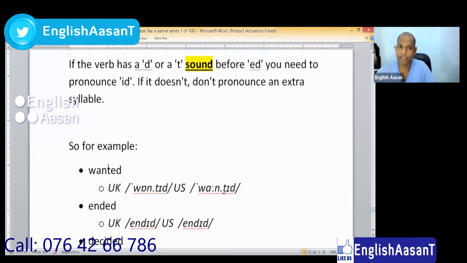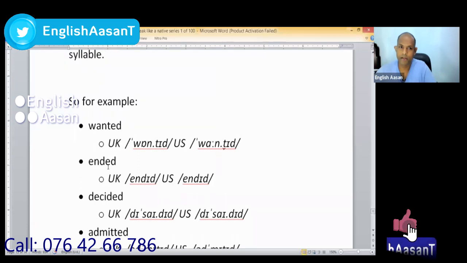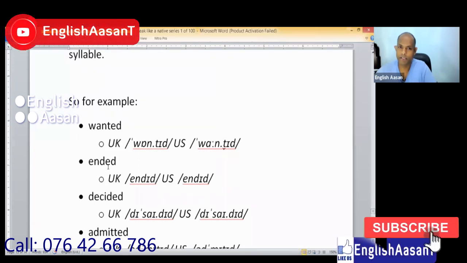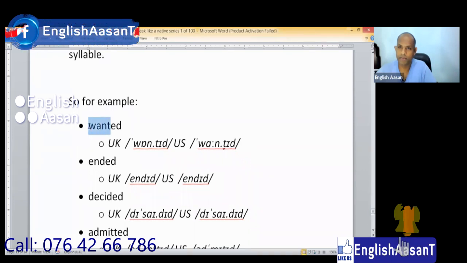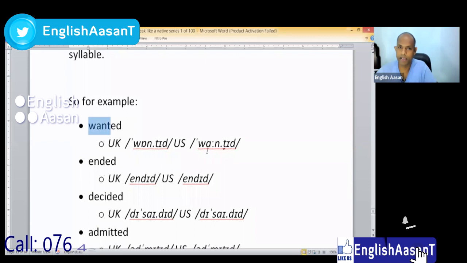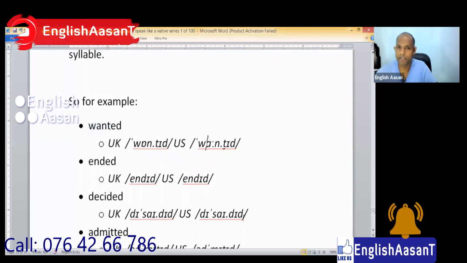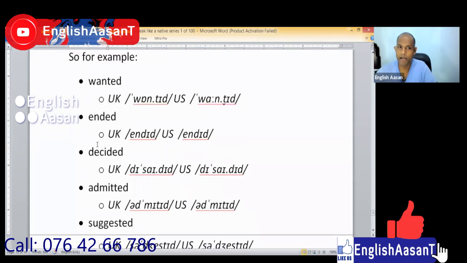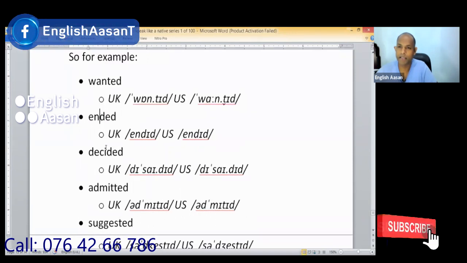For example, wanted. When we read this word, we don't say it separately, it's wanted. And in US English, they pronounce it wanted. And this is ended. Ended.